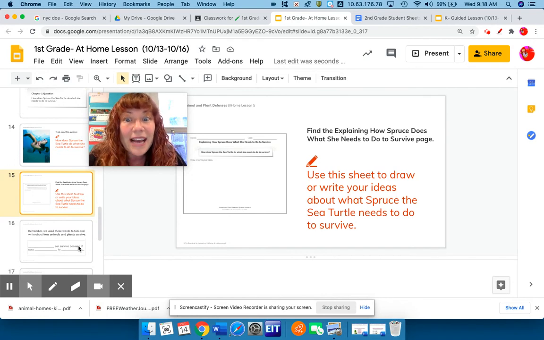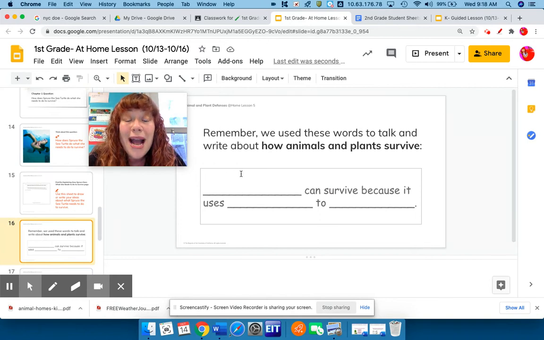And after you draw Spruce, I want you to practice using words that help you talk and write like a scientist. These are the words I want you to talk and write with that help show and explain how animals and plants survive. Blank can survive because it uses blank to survive. Okay?